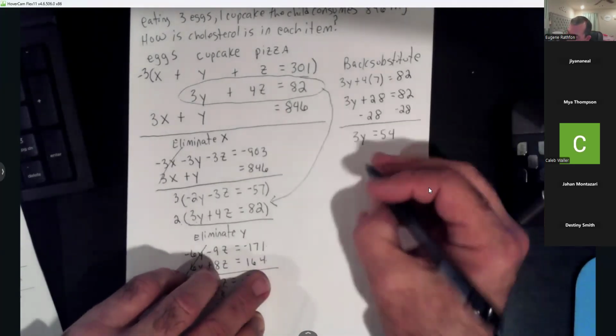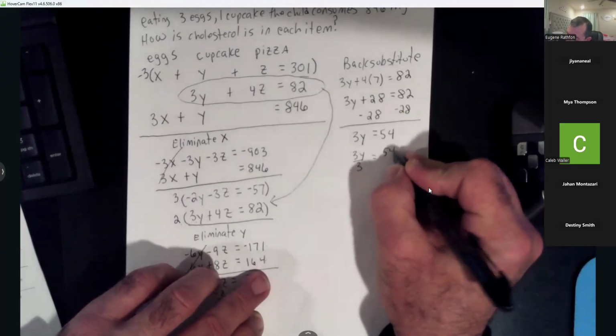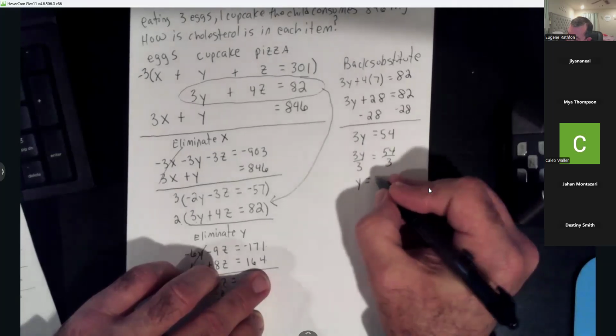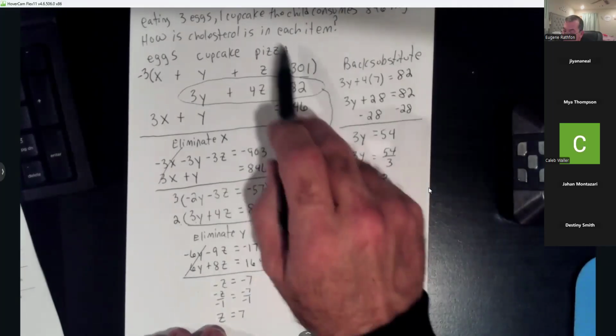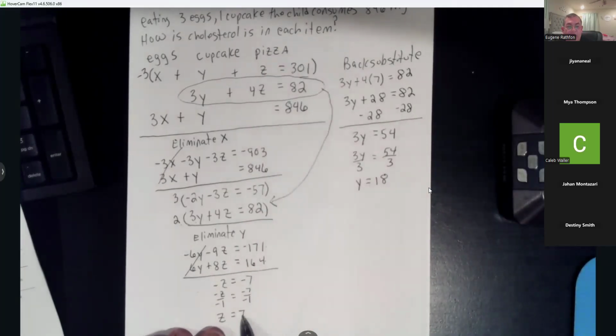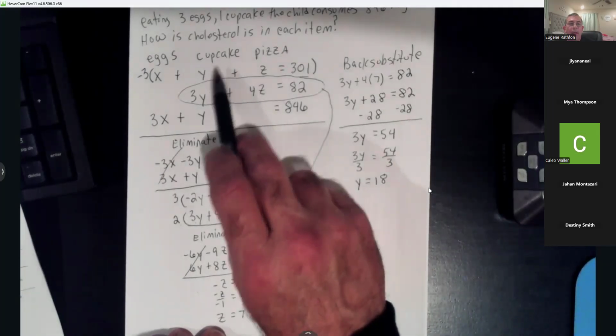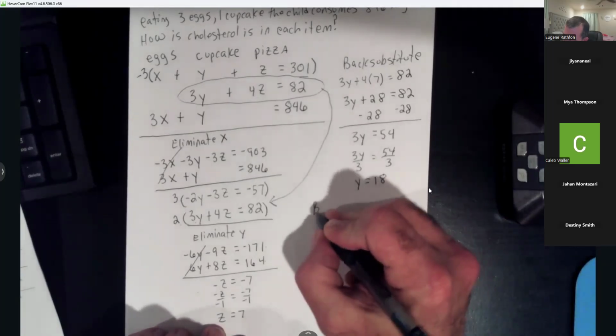Now, divide by 3 and we have our y. And y'all, 54 divided by 3 gives me 18. So Z was the pizza. It's only got 7 milligrams of cholesterol. Y was the cupcake. It had 18 milligrams of cholesterol.